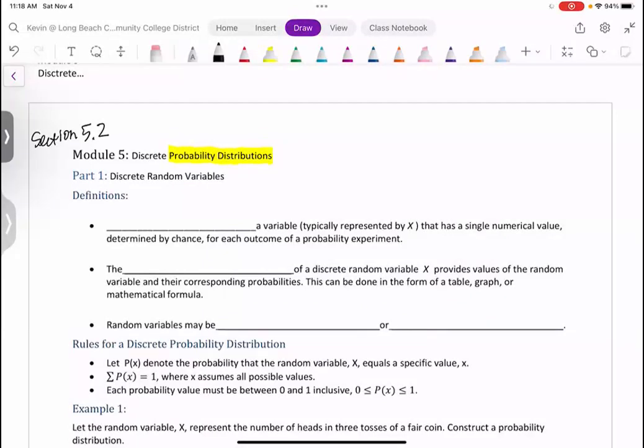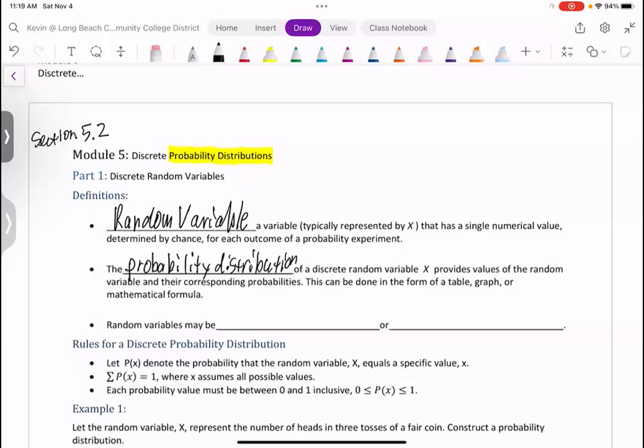So let's start with some definitions. We're going to start with a random variable. This variable, typically represented by a capital X, has a single numerical value determined by chance for each outcome in a probability experiment. We will be using this throughout this video and the next one, and for many more to come. The probability distribution of a discrete random variable X provides values of the random variable and their corresponding probabilities.